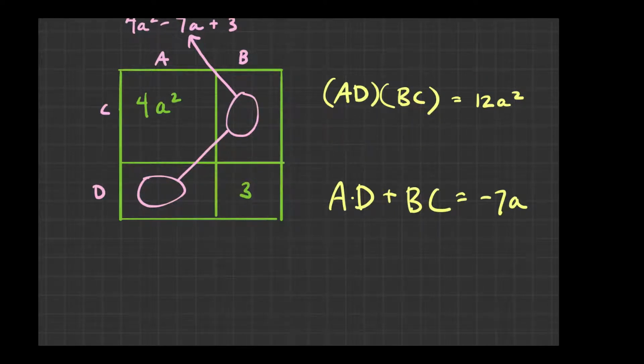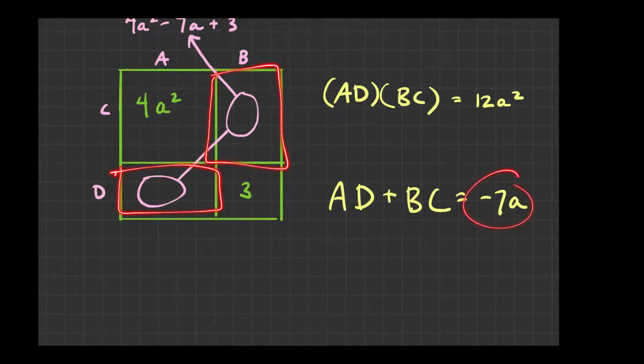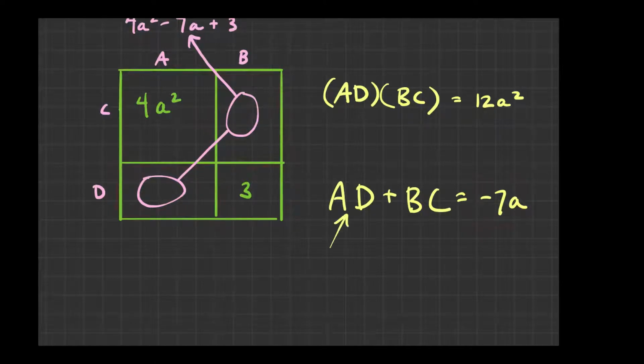Okay, so here's the gist of it. I know that if I multiply all these numbers together, I get 12a, and if I take A times D, which is this portion, and I add it to B times C, that portion, I get negative 7a. So our goal is to figure out what these numbers are, what these little areas are.